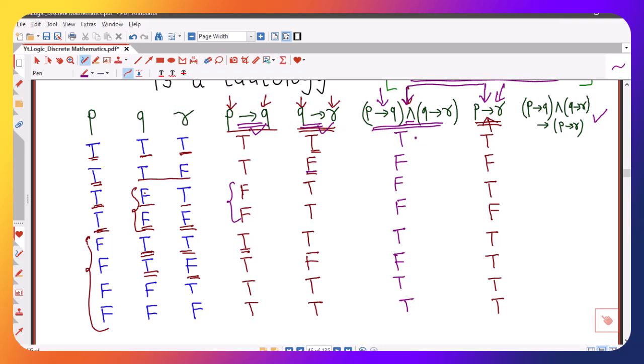So now we check. In the first case both are true. Now if the first statement in the implication is false, then we directly write true here. Now here this is true and this is true, therefore we write true here. Here the first one is false, therefore this is true, and here both are true, therefore this is true.